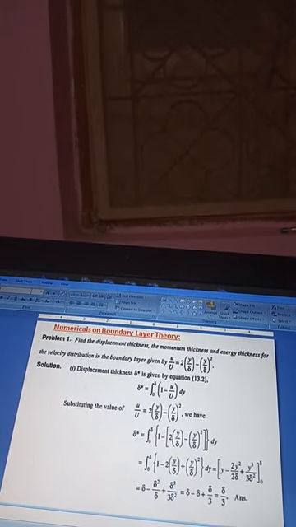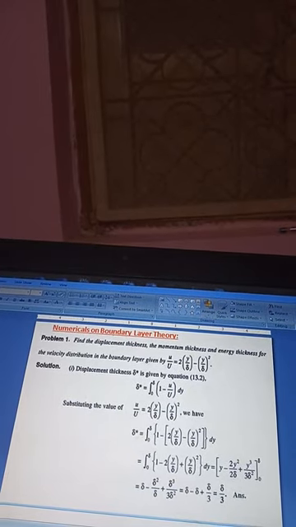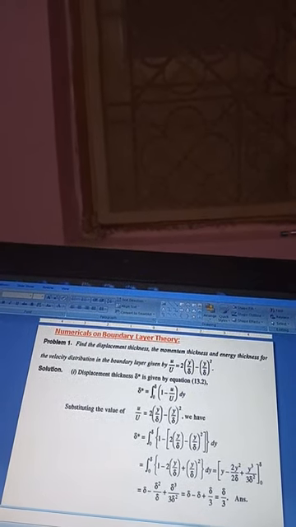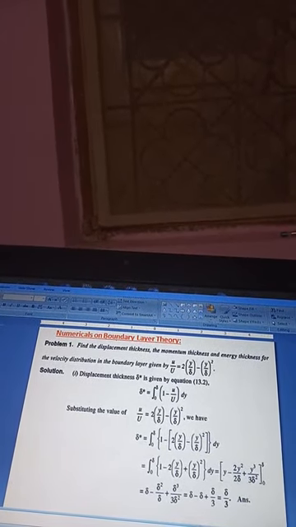So first, the displacement thickness, as we have seen the formula for displacement thickness, delta star is equal to integral from 0 to delta of 1 minus small u upon capital U dy. The velocity profile small u upon capital U is given to you. It is 2 into y by delta minus y by delta square. Just put the value of small u by capital U inside the integral and integrate over 0 to delta.